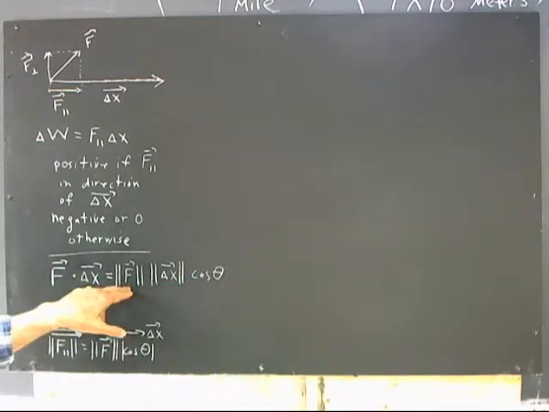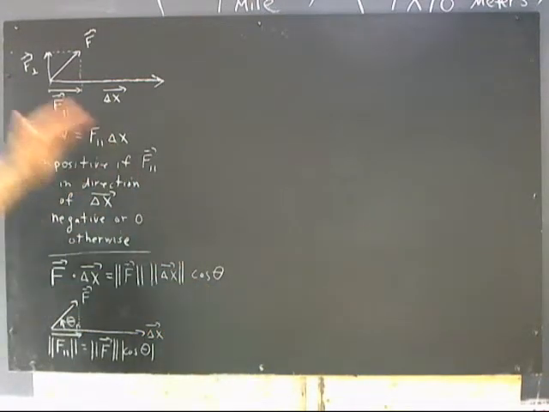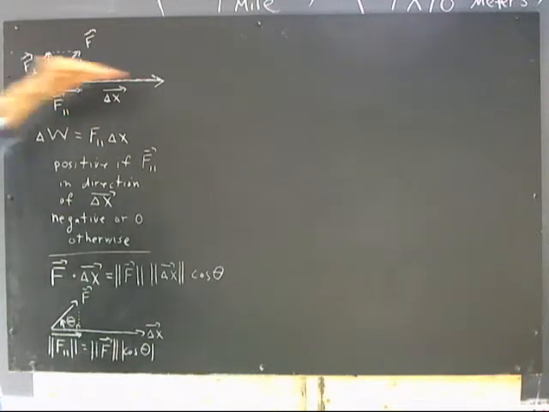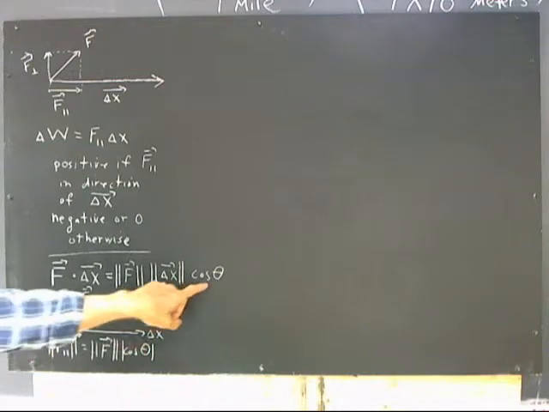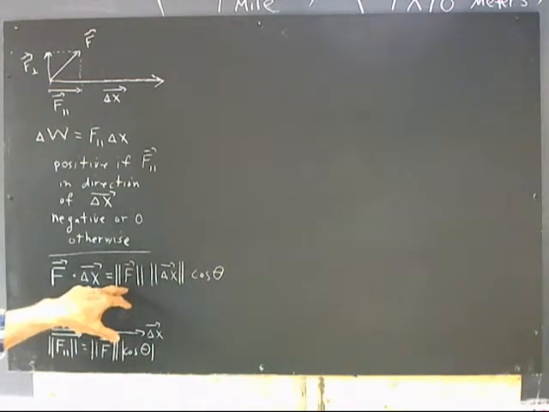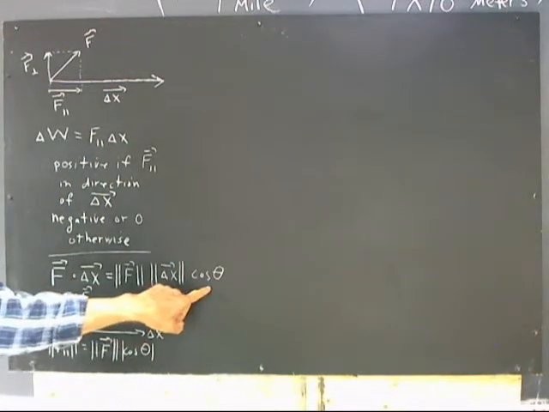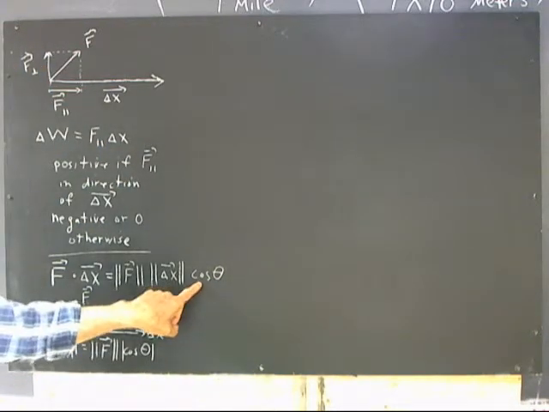So if F and delta X are in the same direction, theta will be in the first or fourth quadrant, giving you a positive F parallel. And if F is acting contrary to the delta X, theta is going to be a second or third quadrant angle, and the cosine is going to be negative.